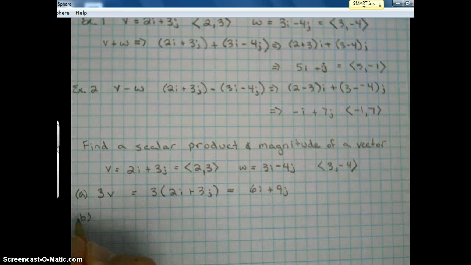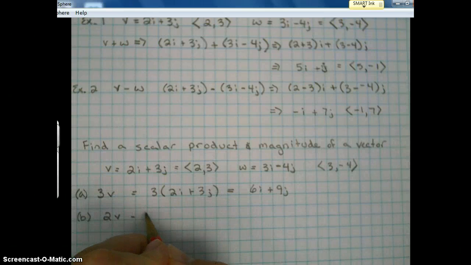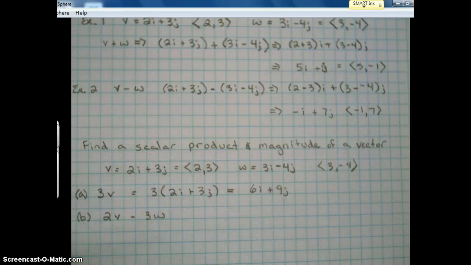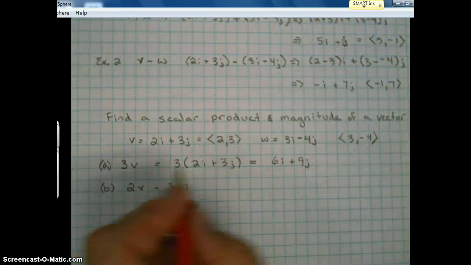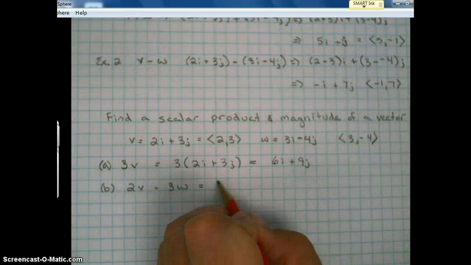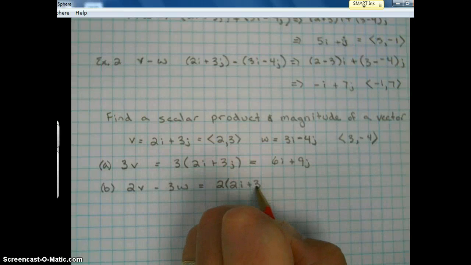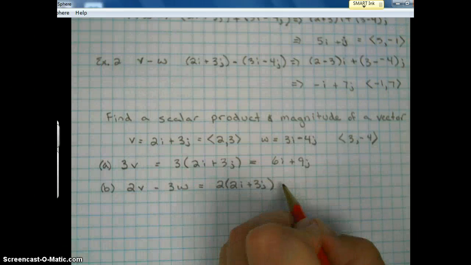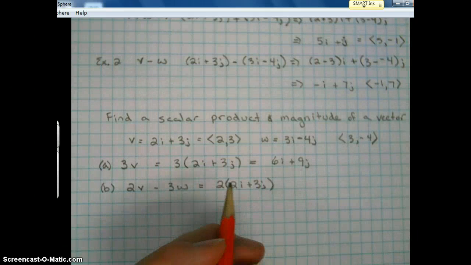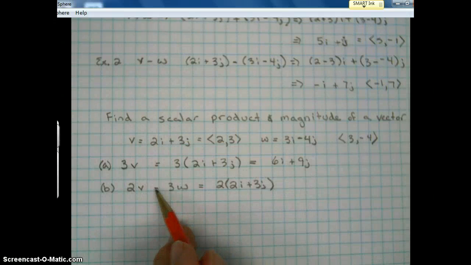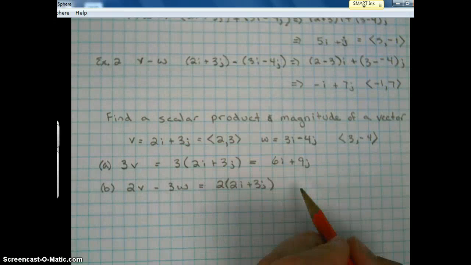Second example, we have a scalar on the v of magnitude 2 minus a scalar on the w magnitude 3, and we're subtracting them. So we would have 2 times 2i plus 3j, okay, and then we would be subtracting 3 times vector w.